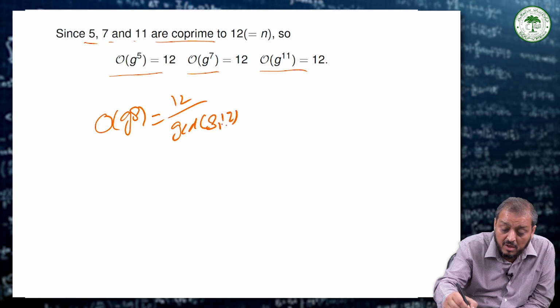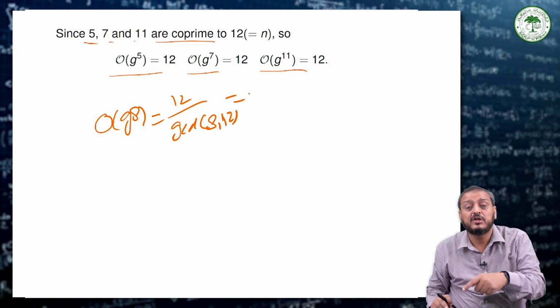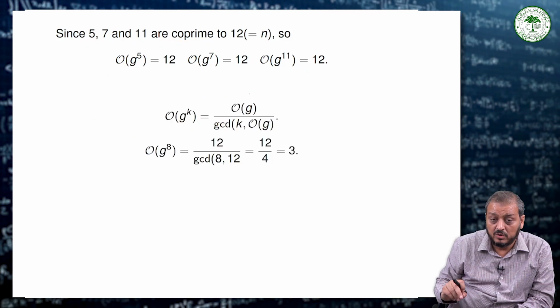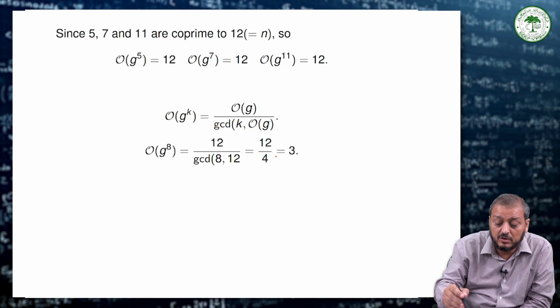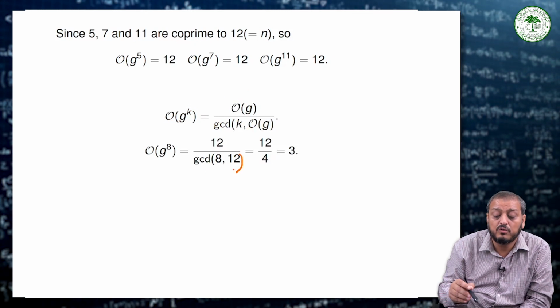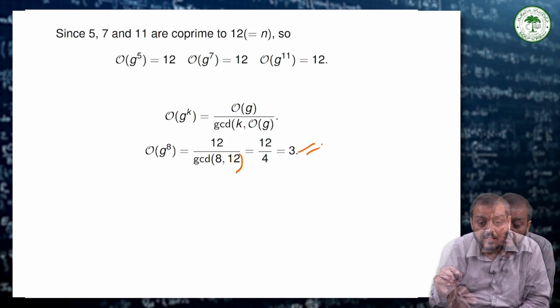The GCD of 8 and 12 is equal to 4, so 12 divided by 4 gives an order of 3.